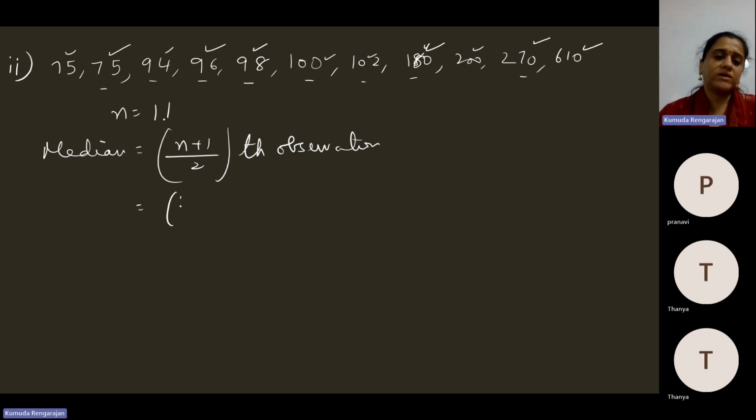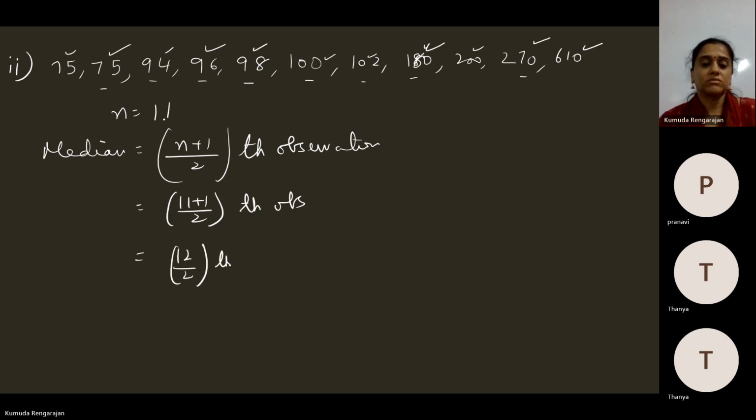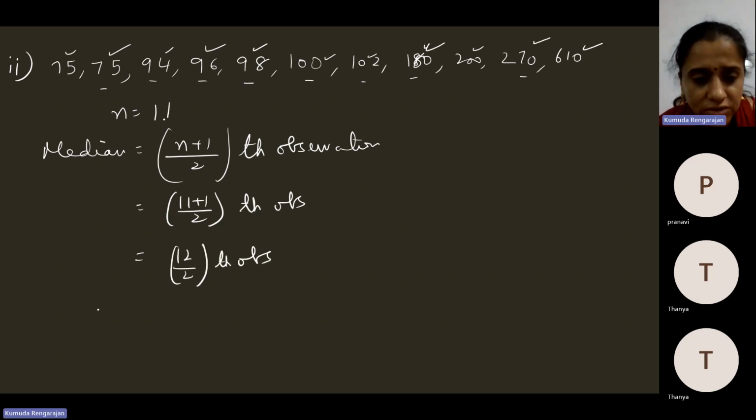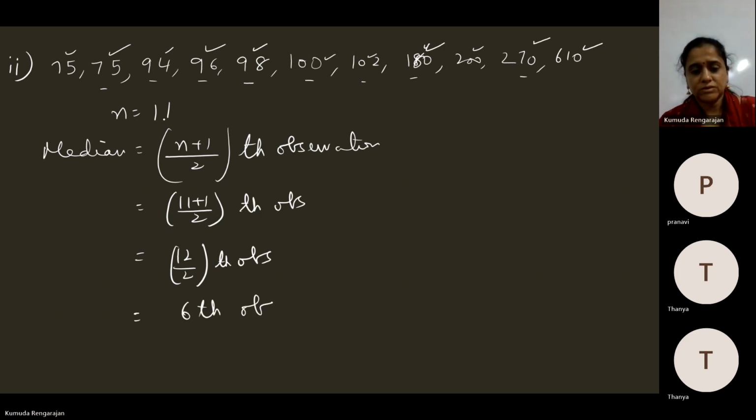So that is 11 plus 1 by 2, that is 12 by 2th observation. So that is the 6th observation. 1, 2, 3, 4, 5, 6.